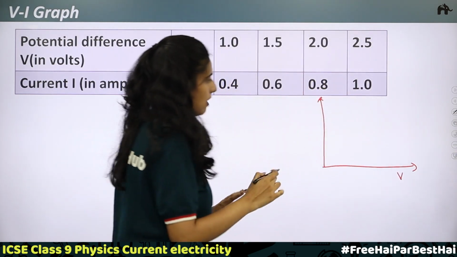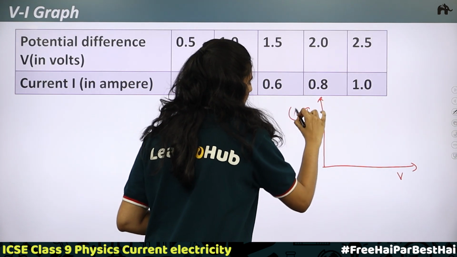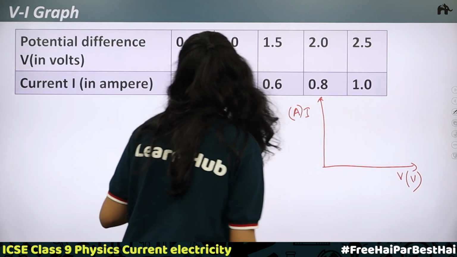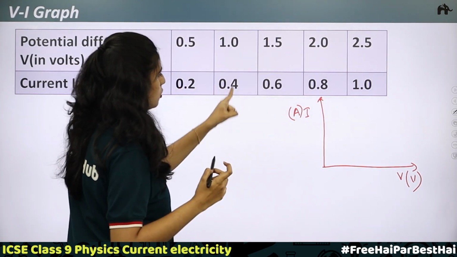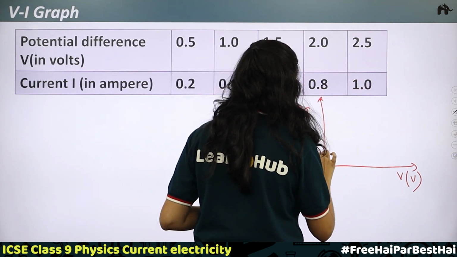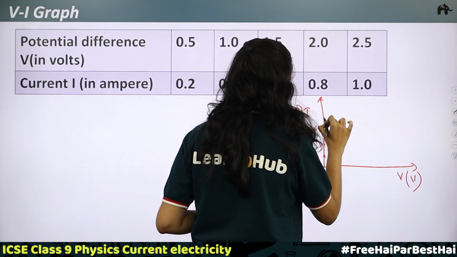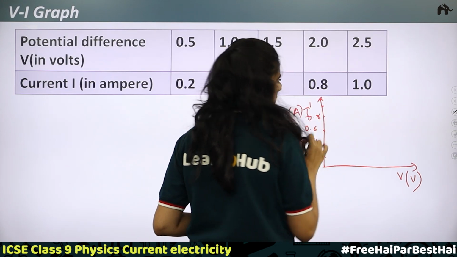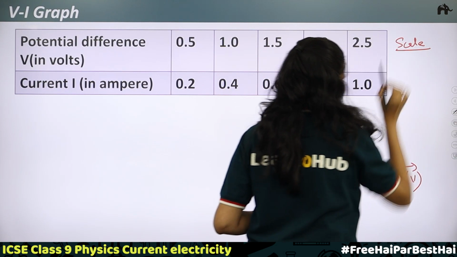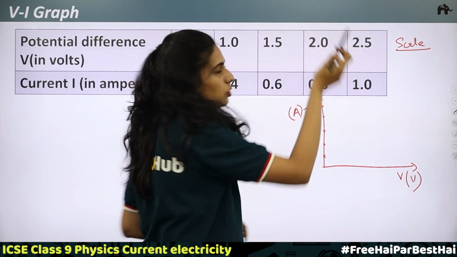So, we can plot a graph. Current is taken along the y-axis, in ampere, and the potential difference in volts along the x-axis. Check the values for current: 0.2, 0.4, 0.6, 0.8, 1. Along the x-axis you have the values 0.5, 1, 1.5, 2, 2.5.